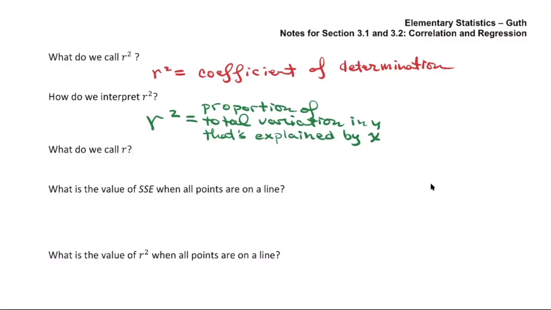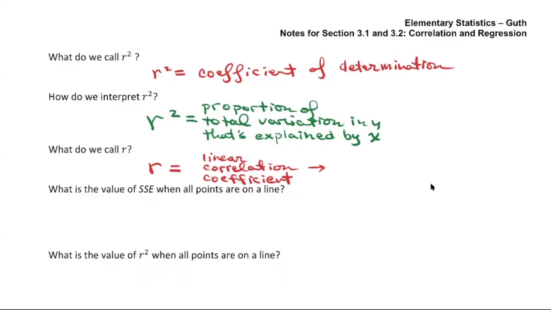R gets a different name. R is called the correlation coefficient. Actually, its official title is the linear correlation coefficient. Correlation is just another word for a relationship.